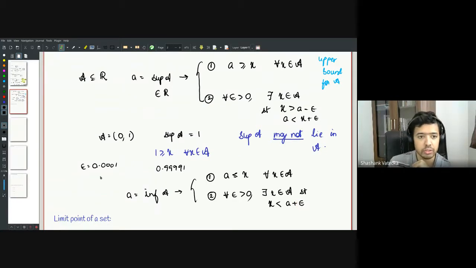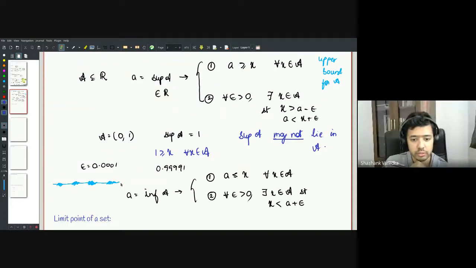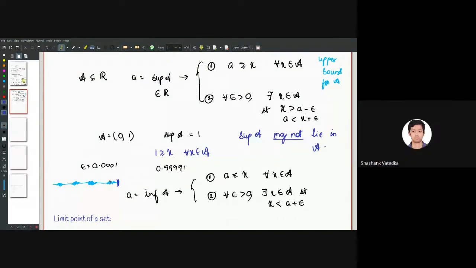So basically if you draw the real line, you have some set, maybe the set is what I've shaded over here. It need not be a connected set, so it is some set A. So it's the supremum if, of course, the whole set A lies to the left of this point in the real line, but also if you go a little to the left of this point, then you will find something in between.